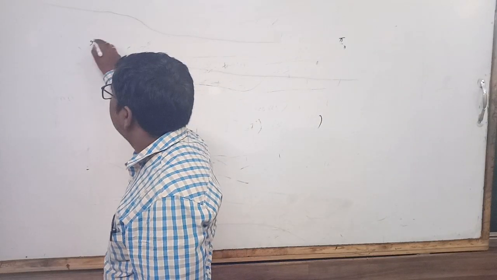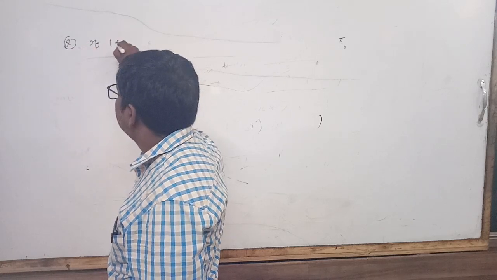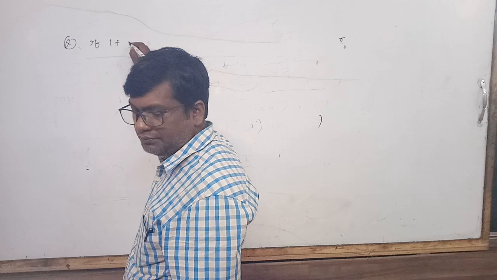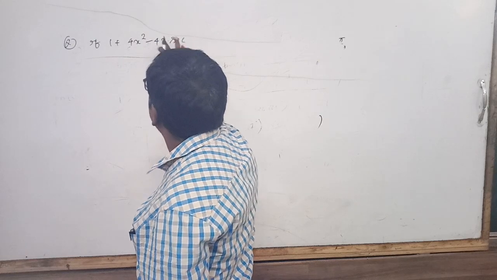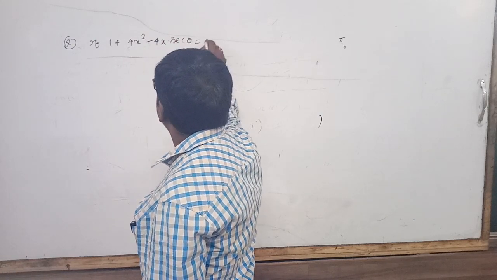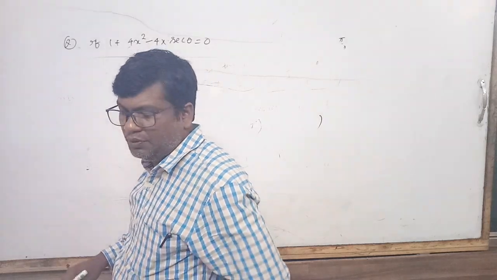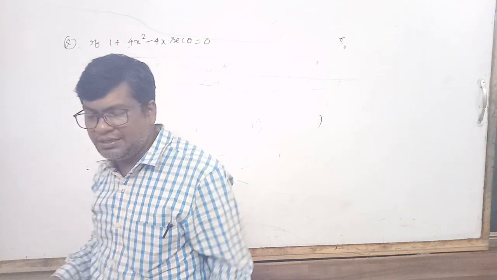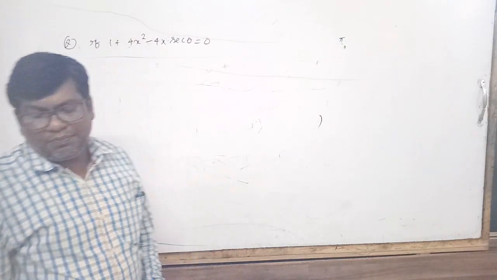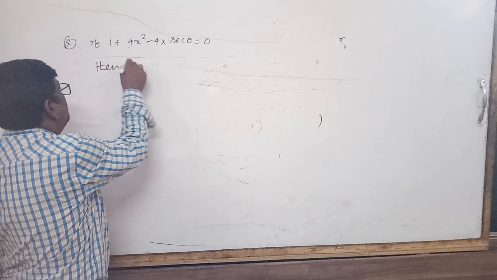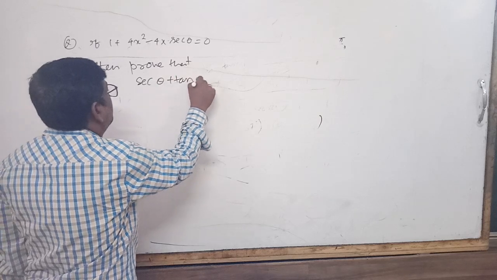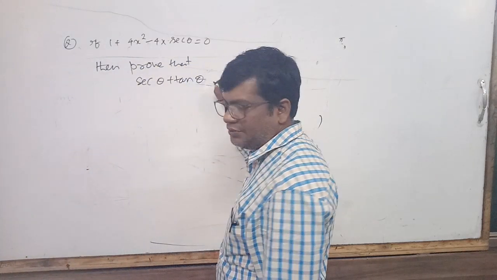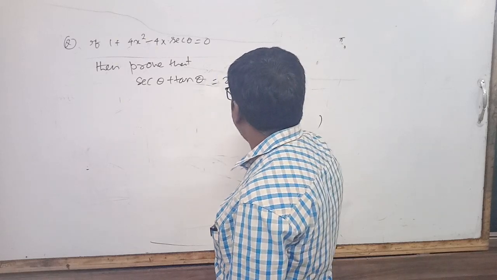If 4x square minus 4x sec theta plus 1 is equal to 0, then prove that sec theta plus tan theta is equal to 2x or 1 by 2x.